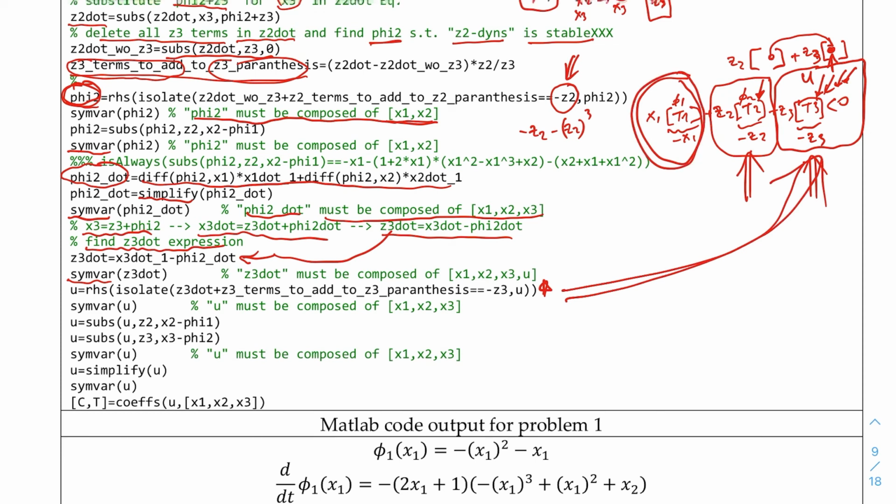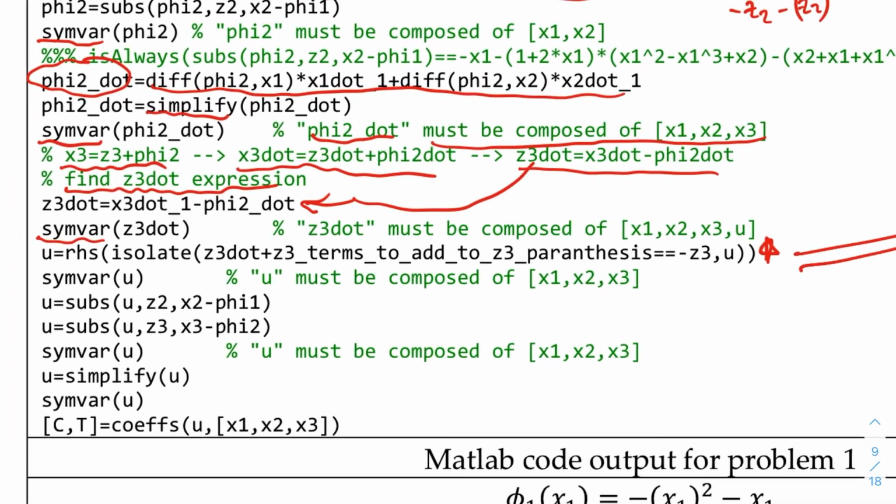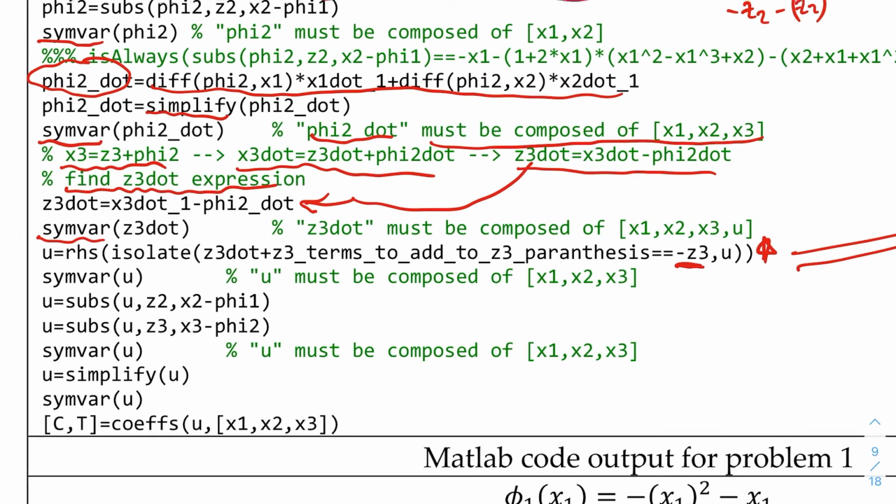Okay, right? First we determine phi1, and then we determine phi2, and now we are going to determine u, by just equating that to minus z3. Again, z3 dot plus z3 terms added to the z3 parenthesis expression.